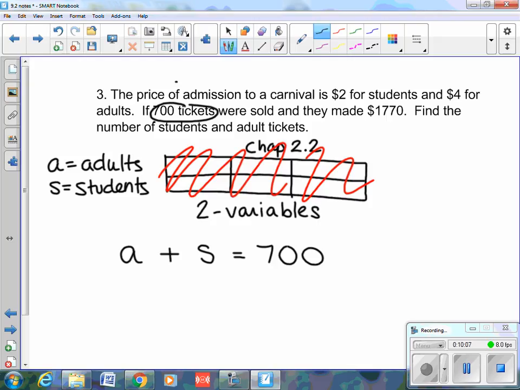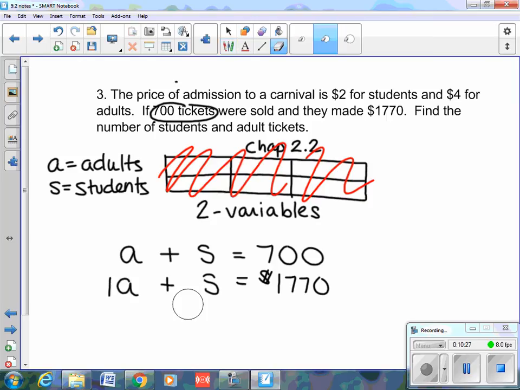Then we need to know the price of how much they sold. We know that they sold a total of 1,770. I guess we really don't need the dollar sign. We're not going to put A plus S down because then it looks like they sold adults tickets for $1 and students tickets for $1, and that's not the case.